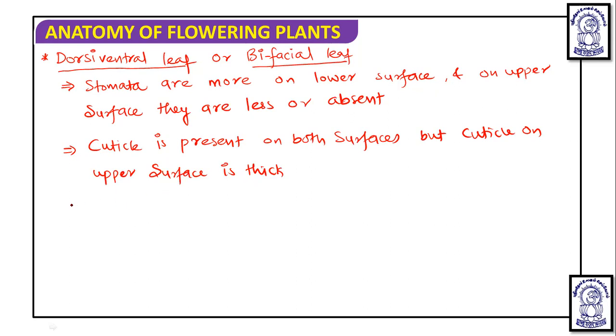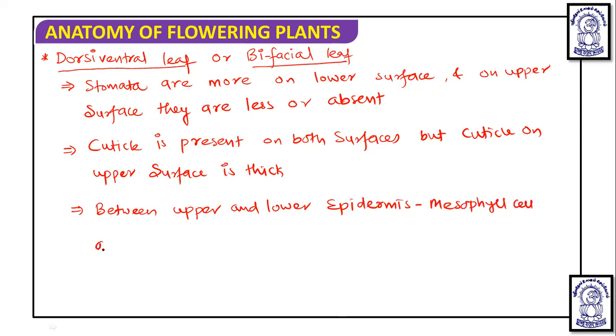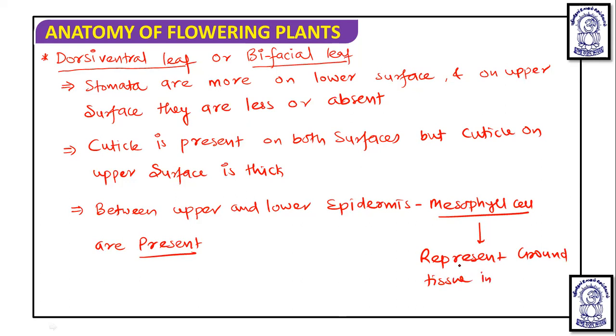Now, when we see the upper and lower epidermis, then between upper and lower epidermis, mesophyll cells are present, and this mesophyll cell, we can say, represents ground tissue in leaf.